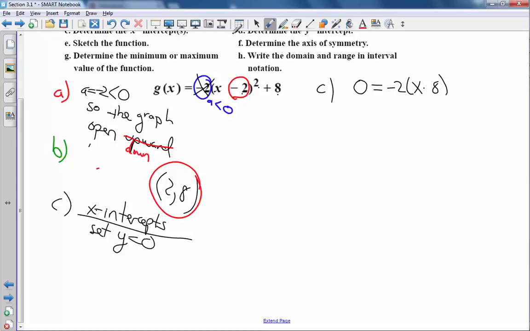Minus 2x minus 2 squared plus 8. Alright, we need to solve for x now.